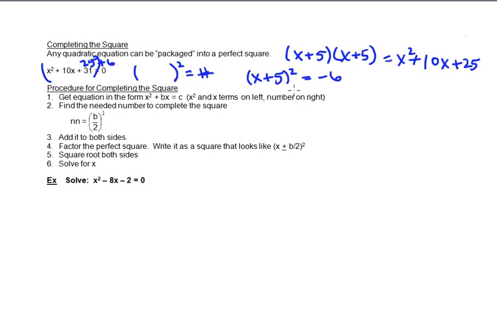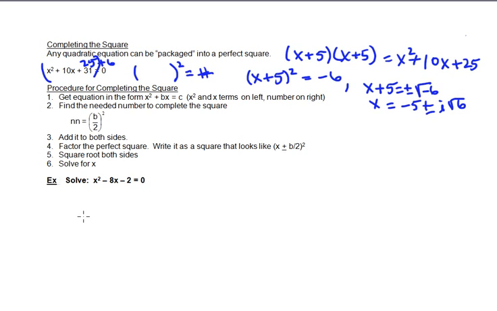And then we could solve this problem by taking the square root of both sides, that x plus 5 is equal to the positive or negative square root of negative 6. And so isolating, we would get then that x is equal to a negative 5, and then plus or minus, and the square root of that negative becomes i, and then we have square root of 6 inside.